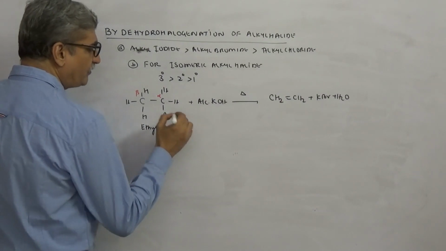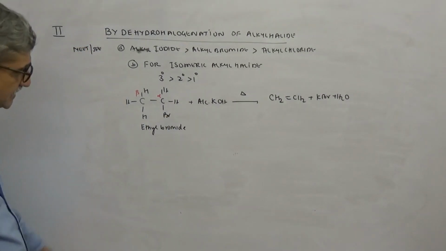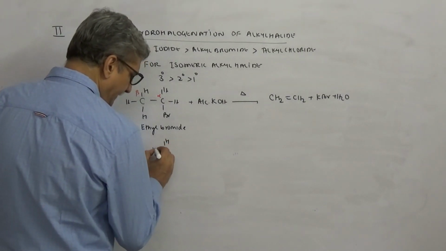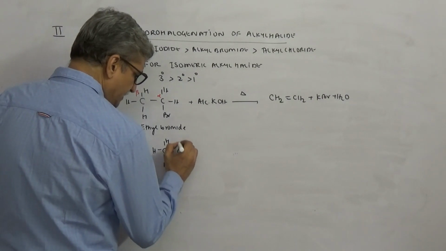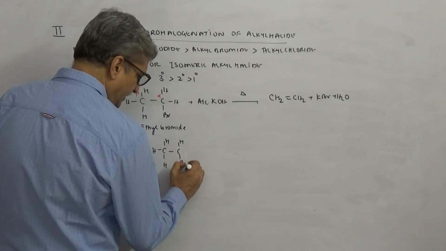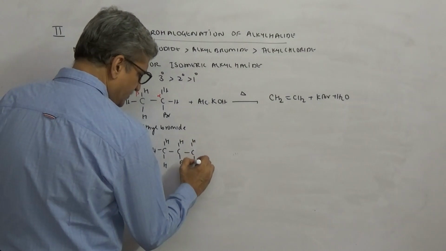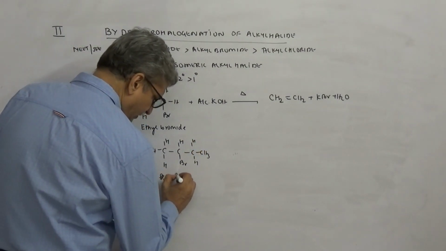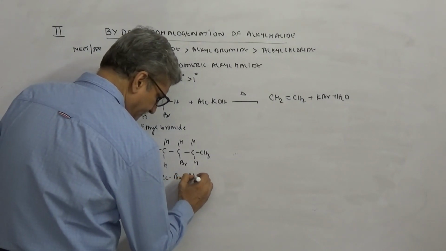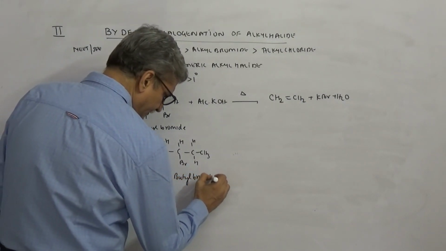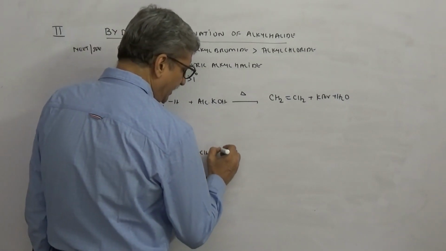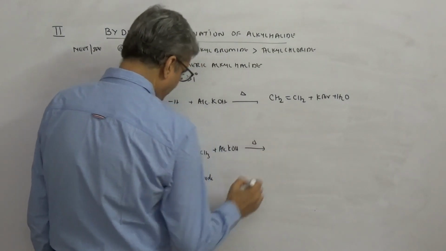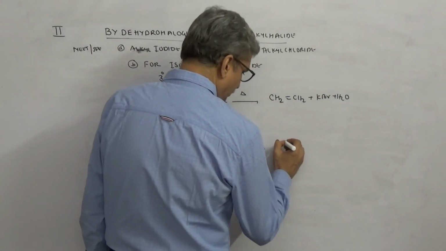So once again we have Saytzeff's rule. So what can we say? If I take sec-butyl bromide, CH3CHBrCH2CH3, and react it with alcoholic KOH, we get two possibilities.